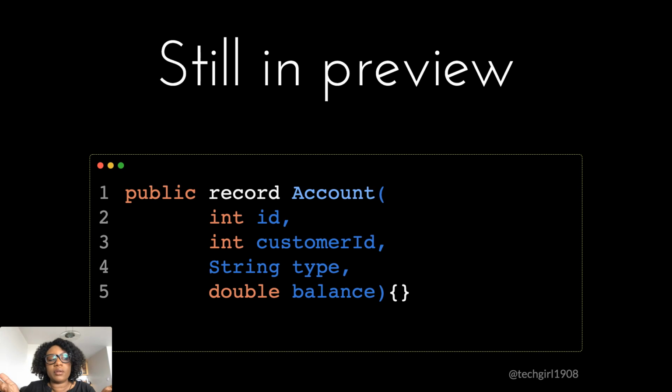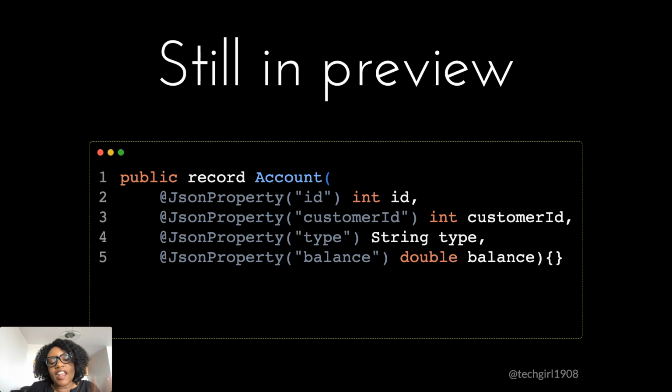So, bottom line, don't use records in production code just yet until it becomes a permanent part of the language. That also means that support from external libraries might not be available just yet for preview features. For example, the Jackson library is used to deserialize that JSON response into this record.